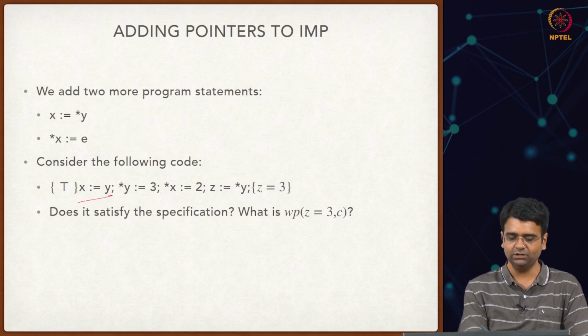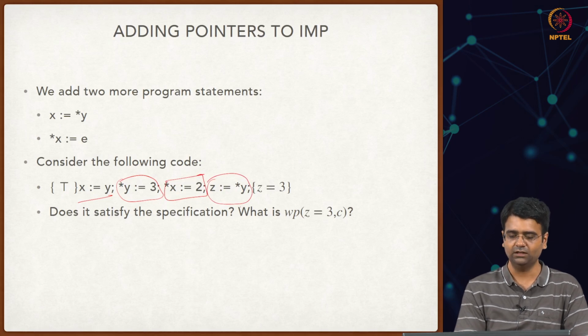Therefore even though you are seemingly assigning 3 to *y and then reading z equal to *y, because of the intermediate assignment statement *x equal to 2, *y will no longer contain 3, it will contain 2.